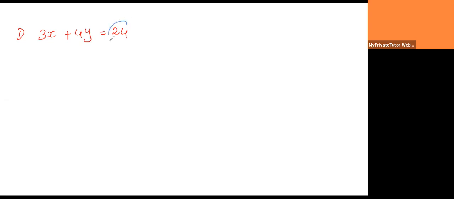Please check the constant and the coefficients of x and y. If both coefficients of x and y are divisible by the constant, 24, then please go ahead and use the x and y intercept method.